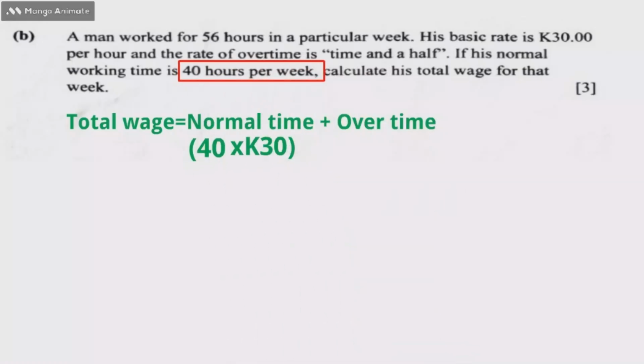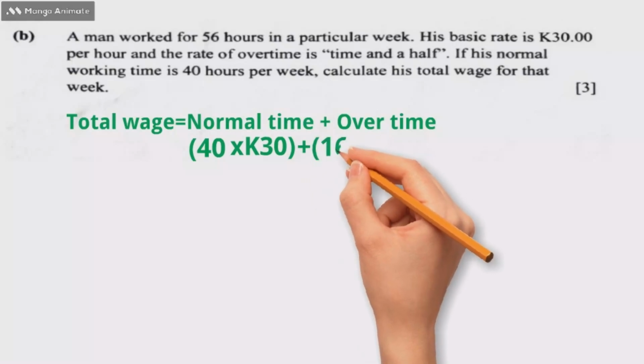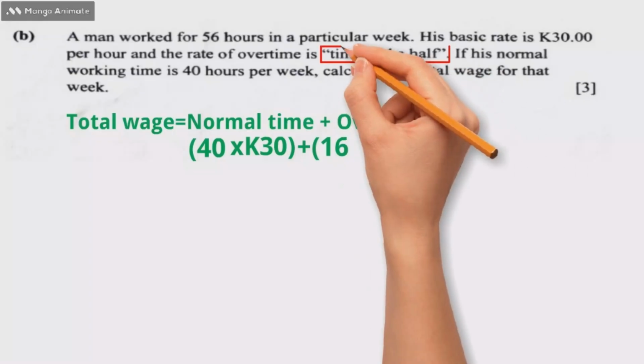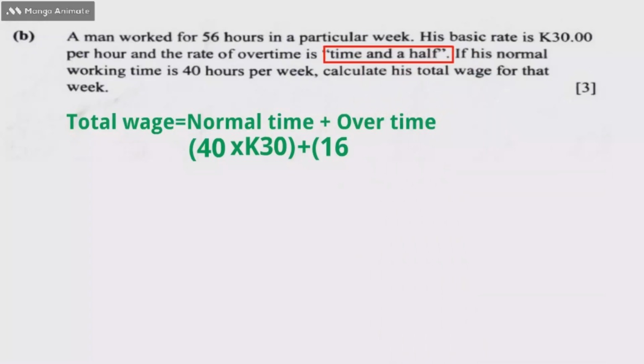He works 40 hours for the normal time and this particular week he worked 56 hours, so we subtract 40 from 56. 56 minus 40 gives us 16. So we say plus 16 times the rate for the overtime. The rate for overtime is time and a half.